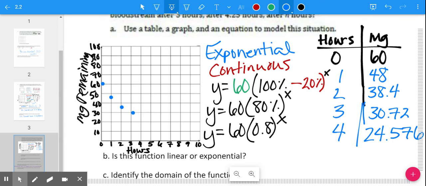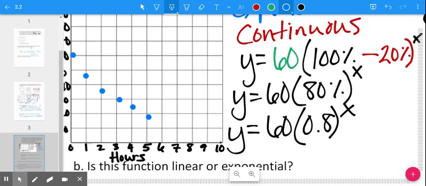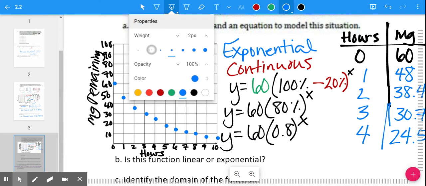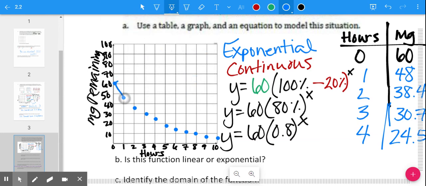After 4, there was 24. If we continue down our table using a calculator or however, we end up at 19.6, and then 15.7, and 12.6, and then it comes down to 10 and some change, and 8 and some change, and 6 and a decimal. And we can connect our lines to make that curve.